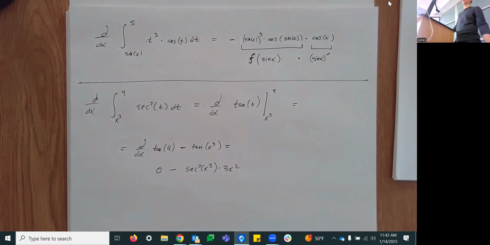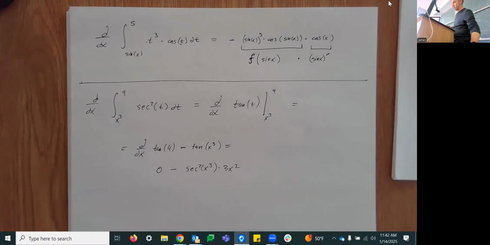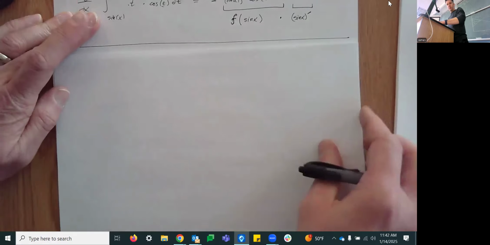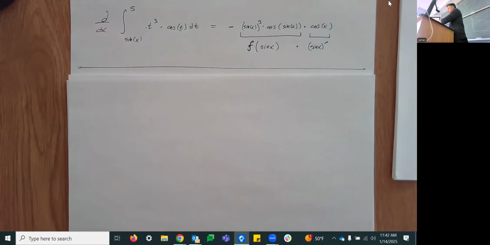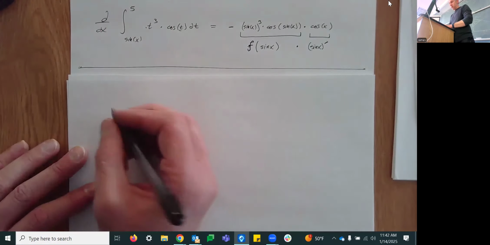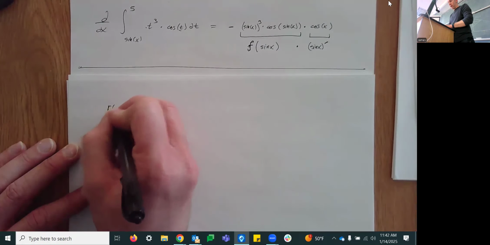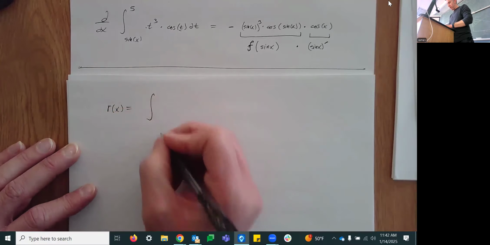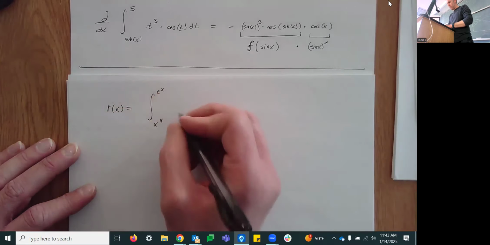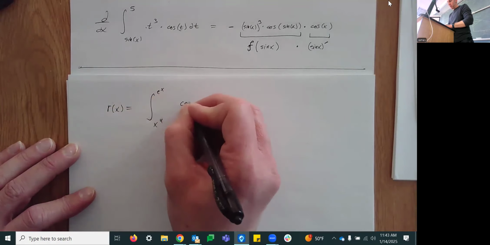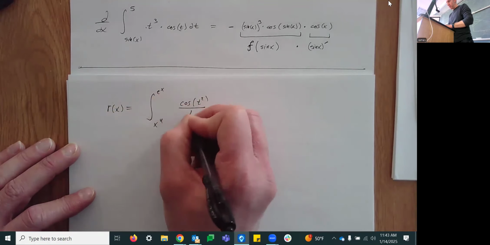And then finally, the most general version of this is where you have variables in the top and the bottom limits. So for example, we could have something like, let's say we have r of x equal to the integral from x to the fourth to e to the x of cosine of t squared divided by t dt.